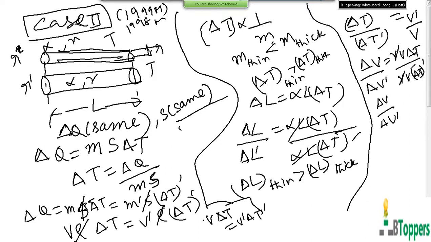And they are heated through the same range of temperatures. So the ratio of the increase in volume of the first rod to the increase in volume of the second rod equals the ratio of the original volumes of the first and second rod, multiplied by the ratio of the increase in temperature of the first rod to the increase in temperature of the second rod, delta T by delta T dash. This you can substitute, V dash by V.